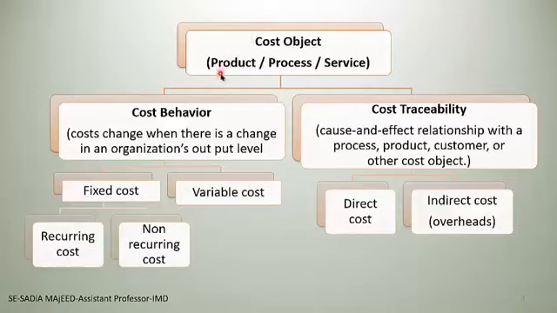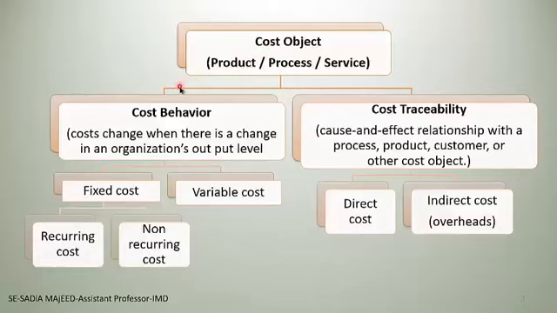It could be a product, it could be a process, or it could be a service provided by a company. Whatever the object for which we are estimating or calculating cost is known as the cost object.